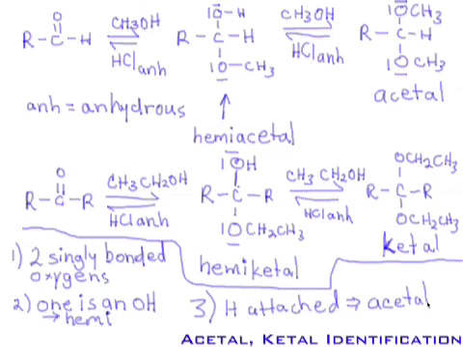If there is no H, you're a ketal, if the two units are carbons. So you can use these simple rules to help identify whether or not you have a hemiacetal, acetal, ketal, or whatever. Now, this can be really tricky, and you can get very complicated structures.